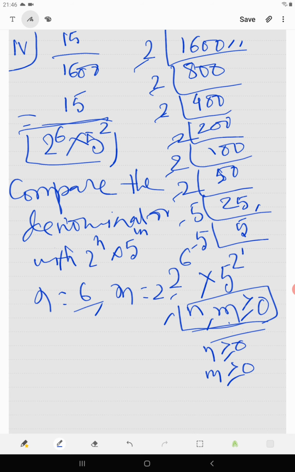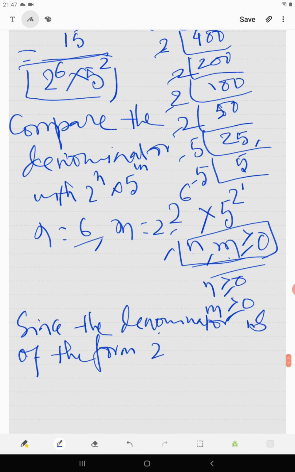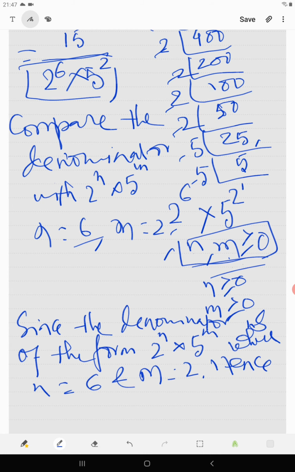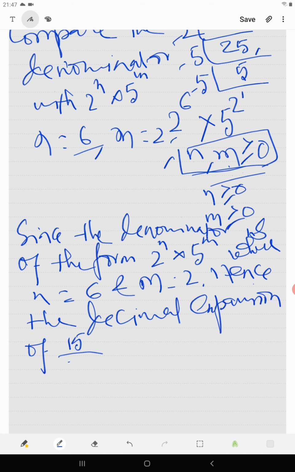So here n equals 6 and m equals 2. Hence we can say, since the denominator is of the form 2 to the power n into 5 to the power m, where n equals 6 and m equals 2, hence the decimal expansion of 15 by 1600 is terminating.